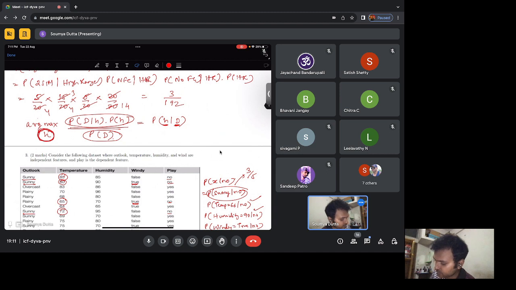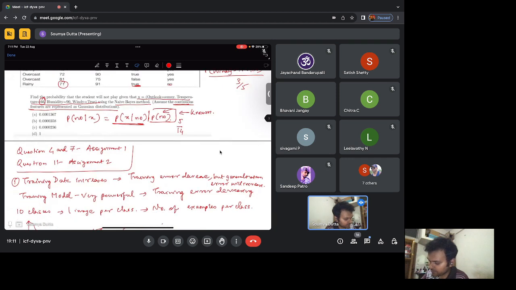In this case it would be whether the person will play or not play. However, this question has been written in the way that says find the probability that the student will not play. Ideally you are correct, in this case you should also take the denominator. I feel that you should take the denominator, but in the solution somehow they have not divided by the denominator.